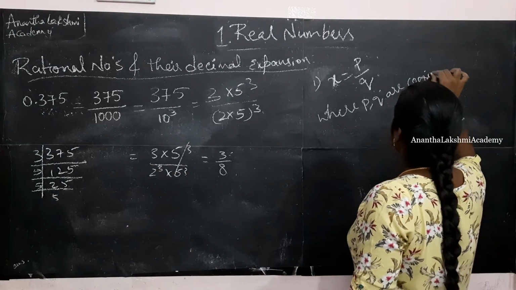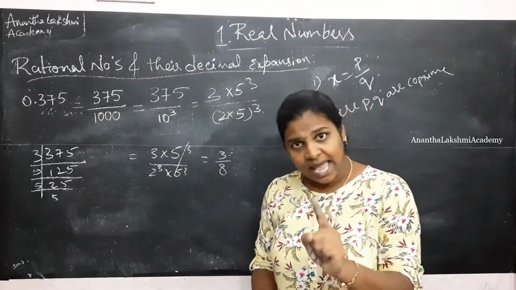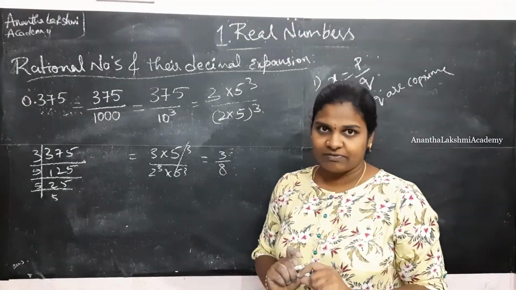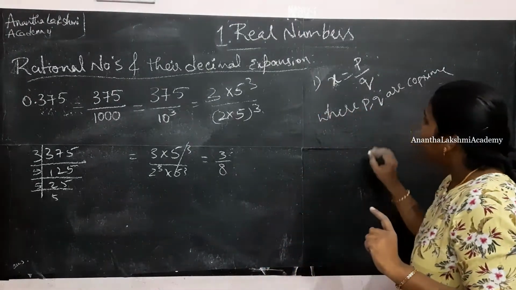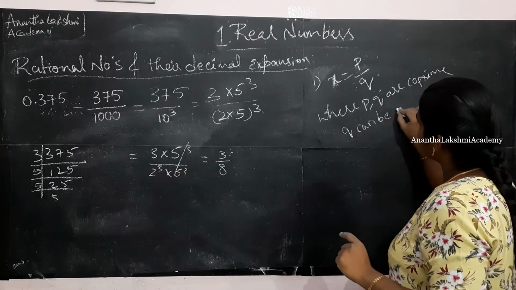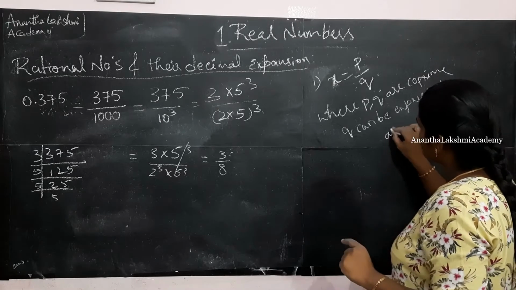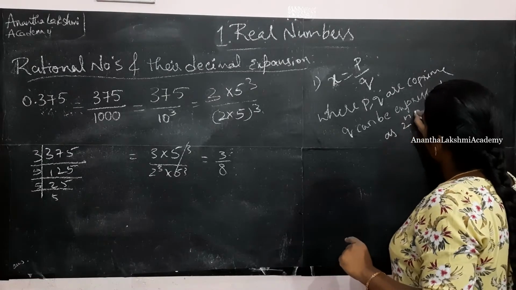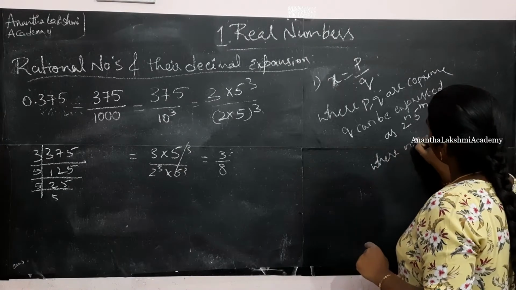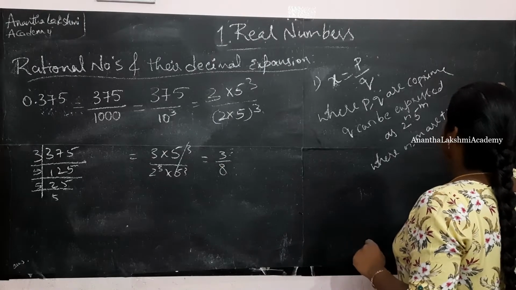What is co-prime? Two numbers are said to be co-prime when they have only one as their common factor. For 3 and 8 only one is the common factor, so that is satisfied. And q can be expressed as 2 power n multiplied with 5 power m, where n and m are positive integers.